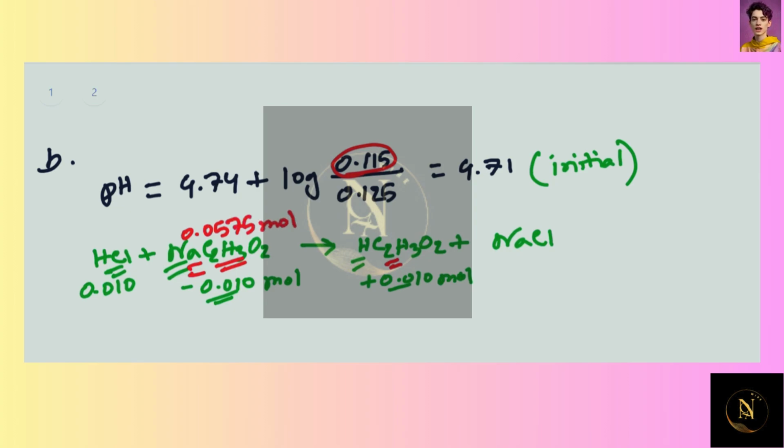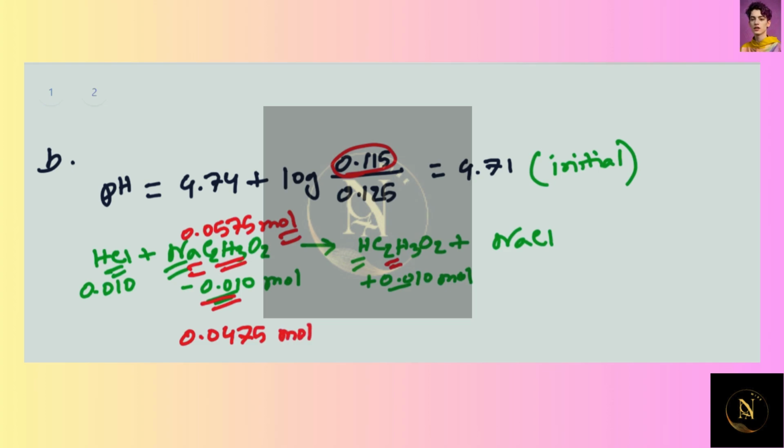So in the resultant solution, we will have this much mole subtracted from this amount, and ultimately we will have 0.0475 mole of the base.